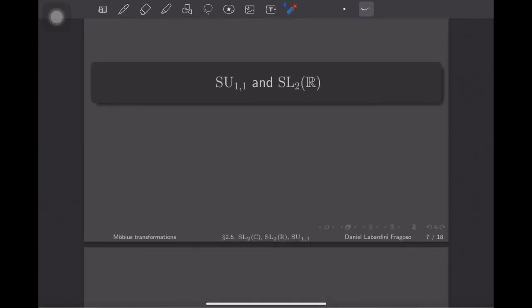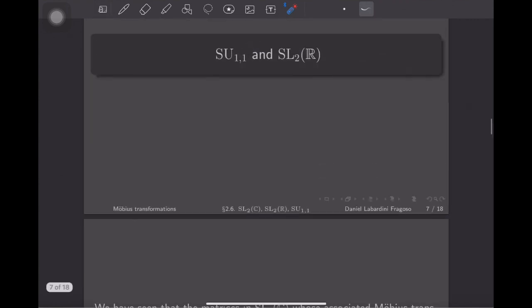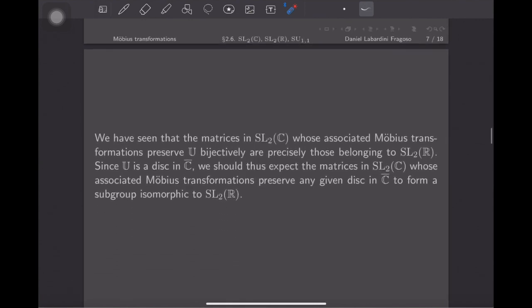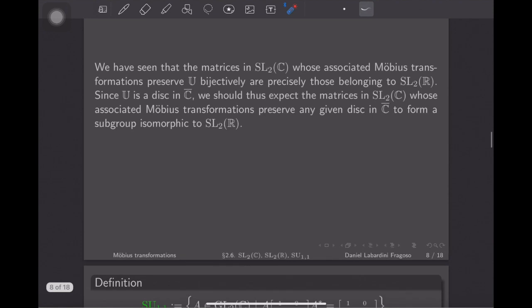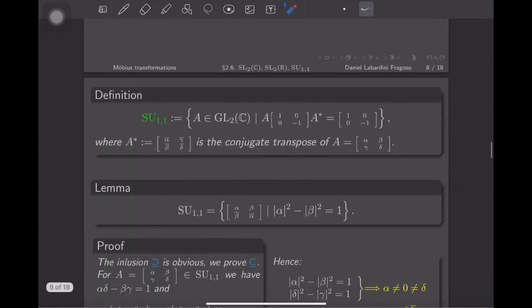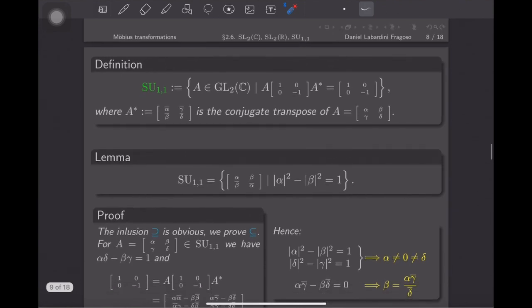Because I'm already getting ahead of myself, and I already know that the disk is going to be a model for the hyperbolic plane, and that the isometries are going to be given by the Möbius transformations of C bar that preserve the disk bijectively. So it's because I already know what's coming. I'm just going to compute the subgroup now so that later I can just use it directly.